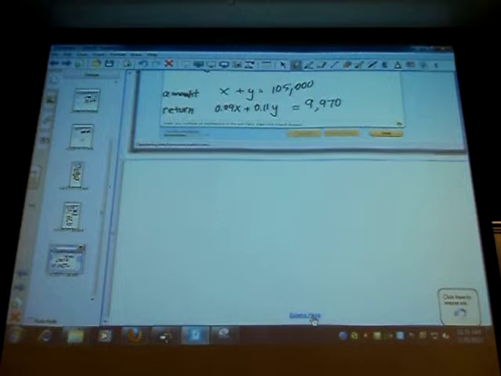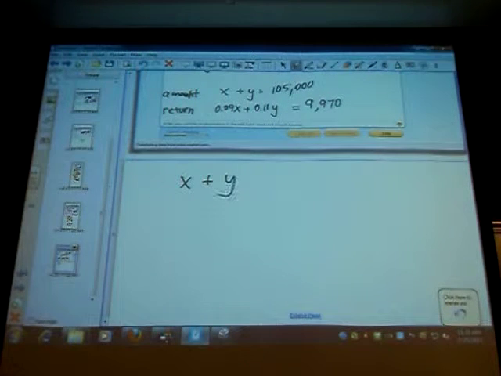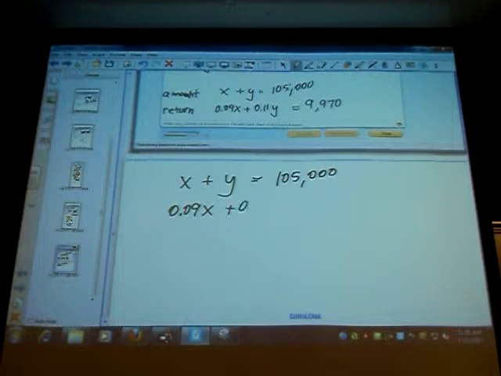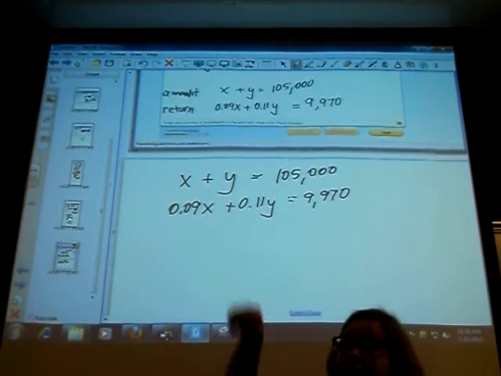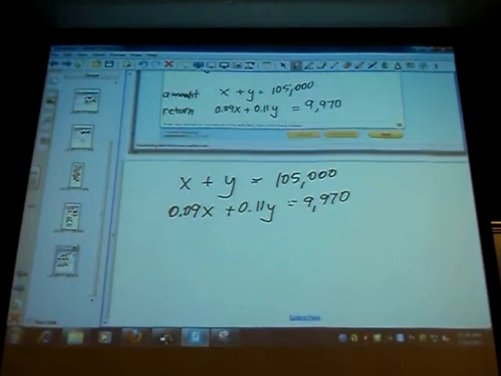Do elimination without changing anything. So how would I do elimination on this? Say I want to eliminate x. I've got my second equation, I've got positive 0.09, multiply your first equation by negative 0.09.